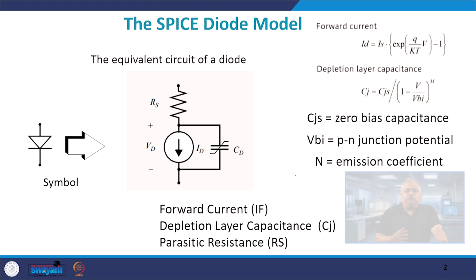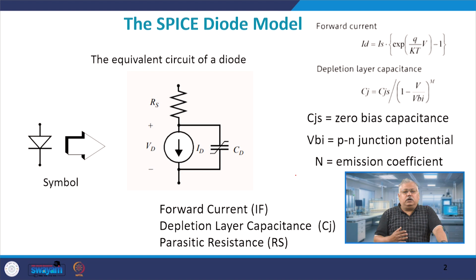So, typically whenever SPICE model files are generated, they find the equivalent circuit of a diode, and from there they try to extract the equations and emulate those equations onto the schematic. Look at this diode, this is the symbol of a diode, and this diode symbol is given an equivalent circuit model here.